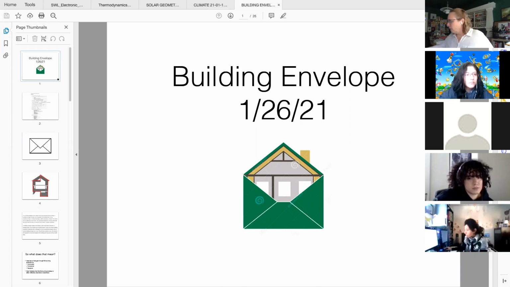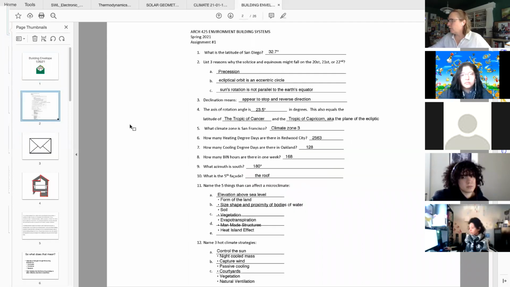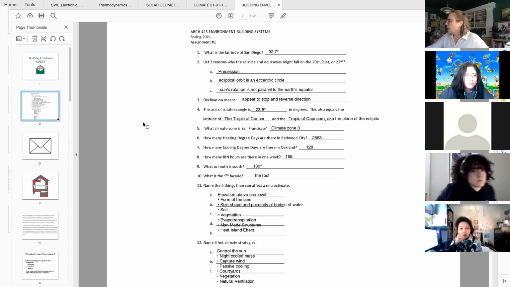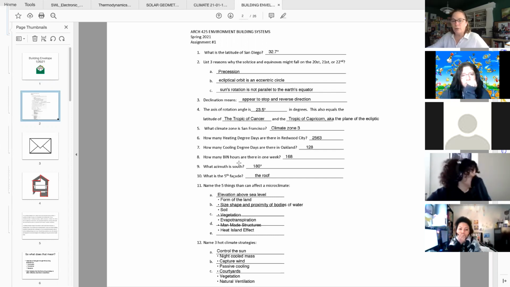Okay, so today we're going to be talking about the building envelope. Before we start, I wanted to go quickly over the assignment from last Friday that you all turned in. Everyone did really well, not a lot of confusion. One question I wanted to go over was about the hours in 1 week, which we briefly touched on last Friday.